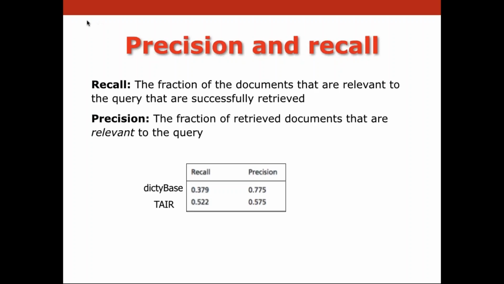And so this is again from the paper. For dictyBase and TAIR, the recall was maximum 50%, so there's still 50% of the literature that the curators needed to go back to and annotate manually. And the precision was between 60 and 75%. So sometimes there were a number of false positives too.